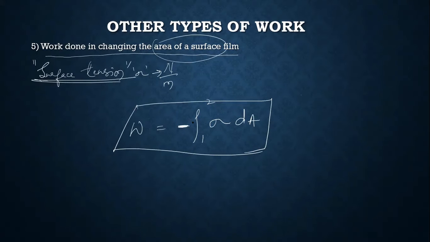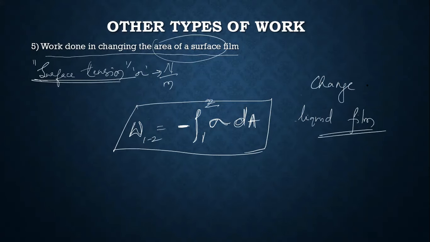Here rho is the surface tension and dA is the change in area of the film. That is the work done for a liquid film where surface tension comes into the picture.